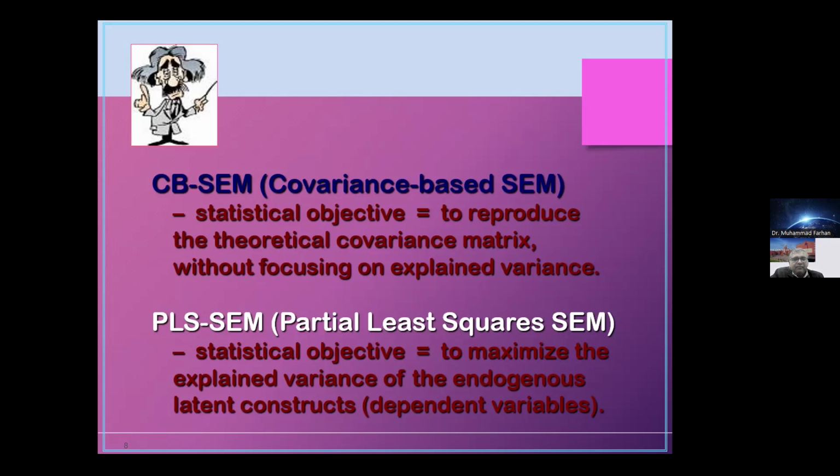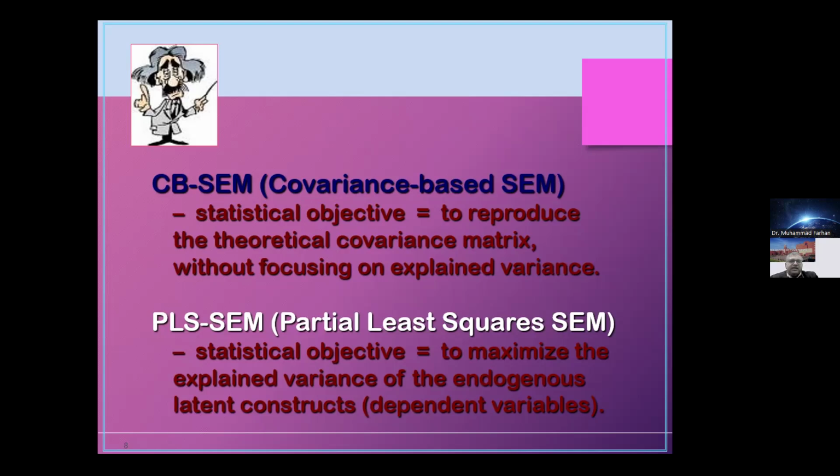goes as the basis of this partial least square structure equation modeling. The purpose of using the model is maximizing the explained variance of the endogenous latent constructs. Normally, we have a single outcome variable, so we are interested to plug in more variables. Most of these variables are latent variables. Latent variables are constructs or concepts we cannot directly measure.